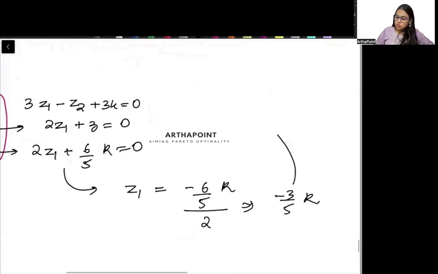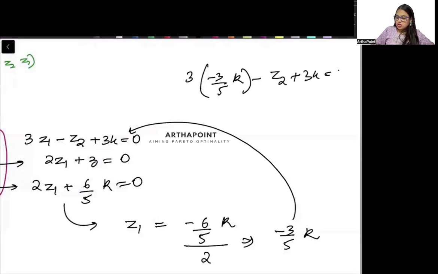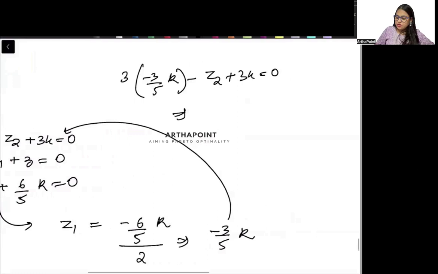And if I plug this into the first equation, I will get, in place of 3Z1, minus 3 by 5k minus Z2 plus 3k equal to 0. I will get Z2 as minus 9 by 5k plus 3k.